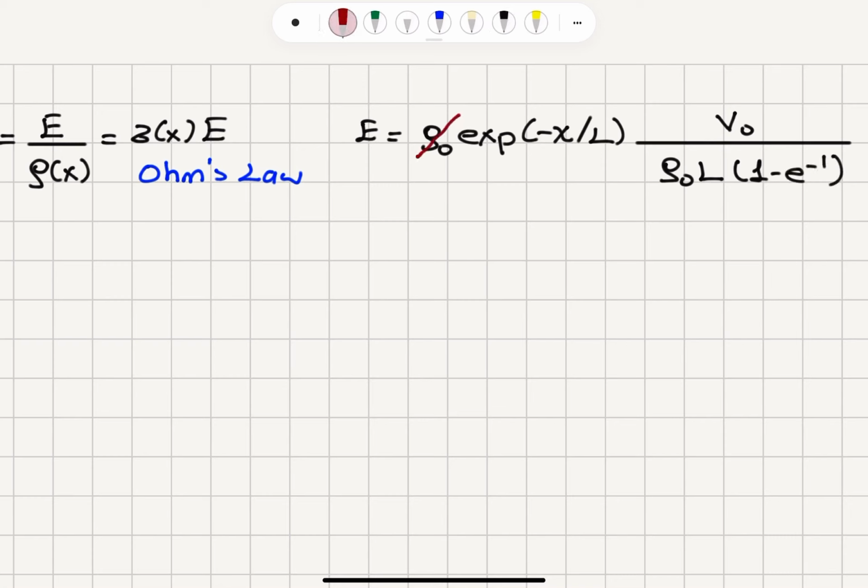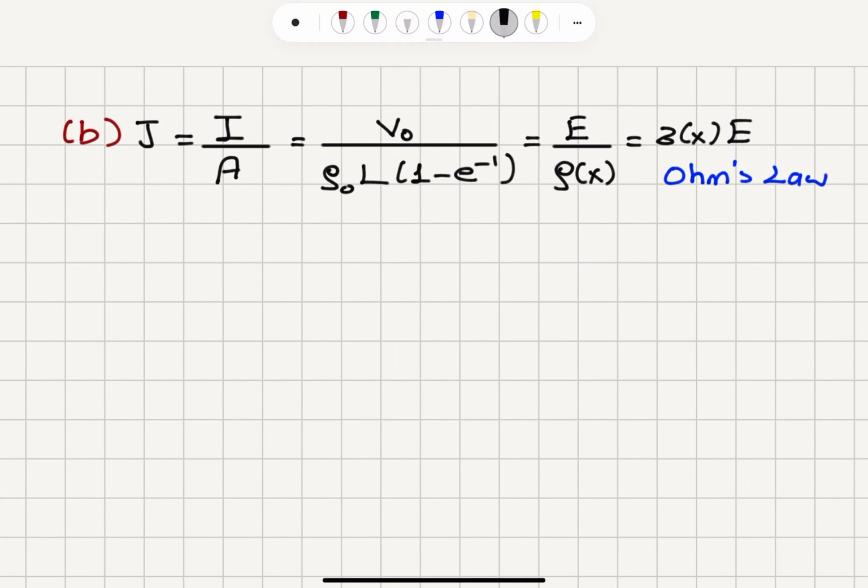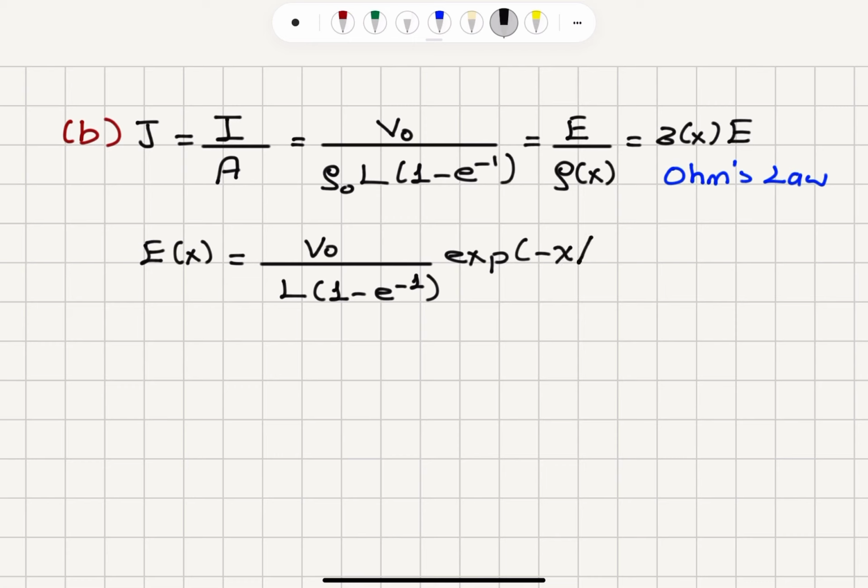So the rho zeros will cancel out, and I will find the electric field as a function of x. So what is the final electric field? Electric field magnitude as a function of x is V0 divided by L times 1 minus exponential minus 1, times exponential minus x divided by capital L.